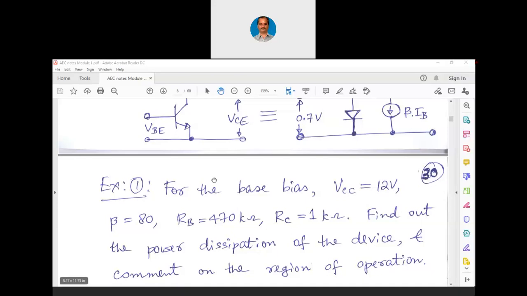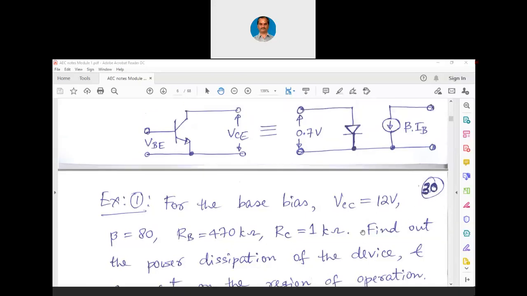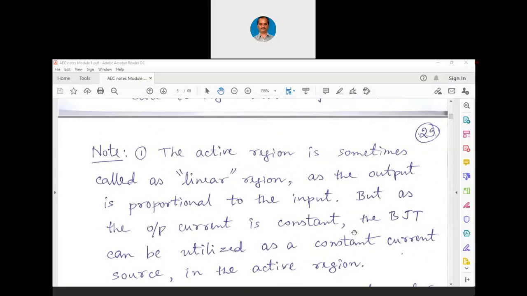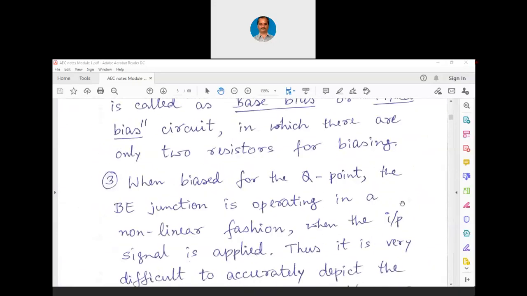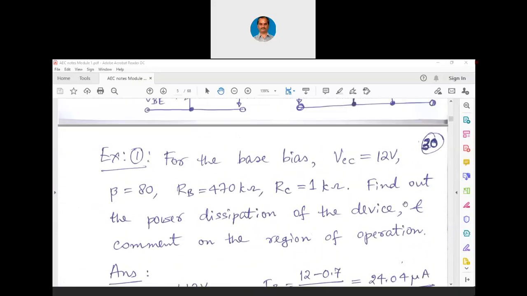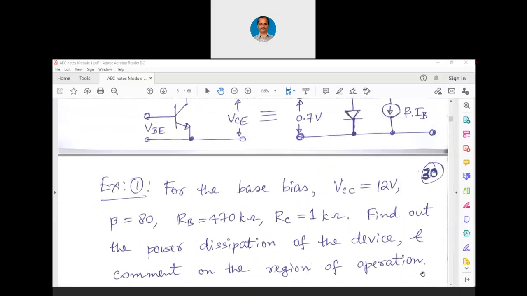Until then, just look at this, this is the circuitry. RB, RC, and beta is given. VCC is given. Apply that formula and immediately tell me the answer. I'll keep looking at the chat box for the next 2 minutes.